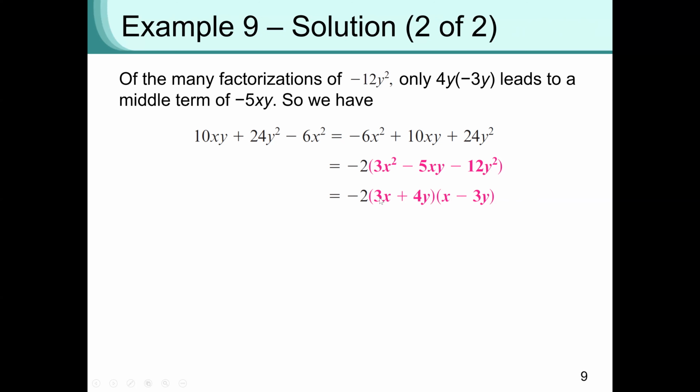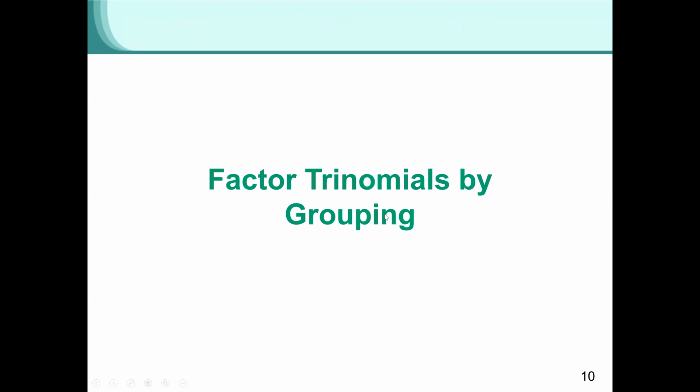Then next we have 3x and minus 3y, which will give me negative 9xy. Now remember negative 9xy plus 4xy will give me negative 5xy. So again, the concept here, as we saw the strategy, is trial and error. So we'll see more examples.